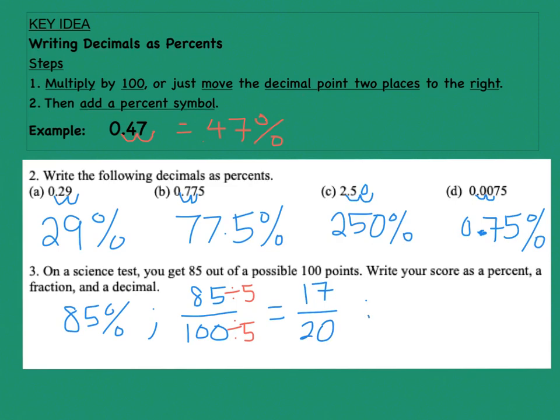And as a decimal, we can just look at 85 divided by 100. So it will be 85, and we will have to move the decimal point 2 places to the left, and that will give you 0.85.